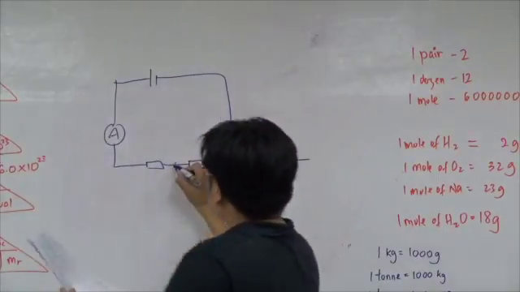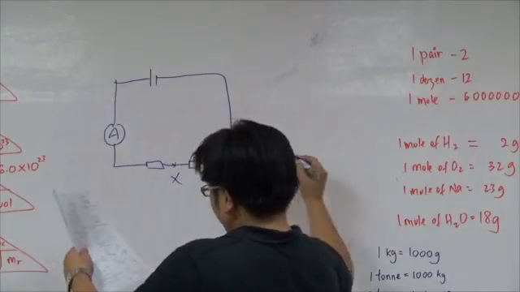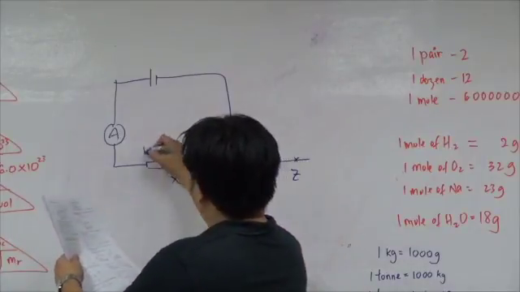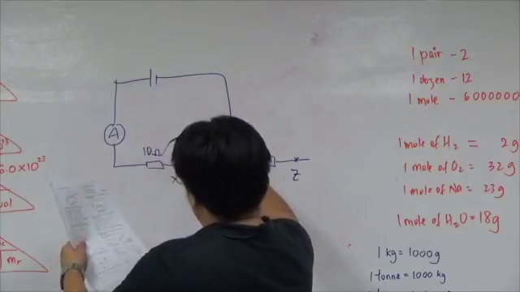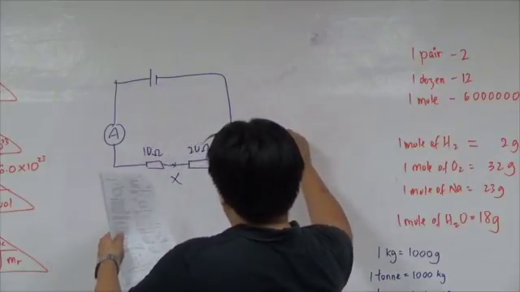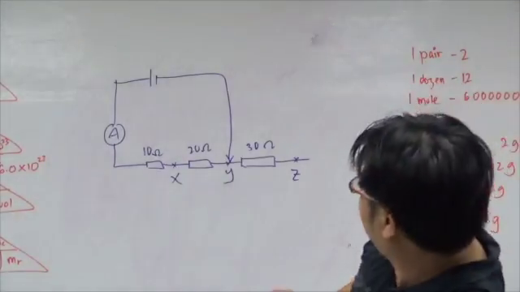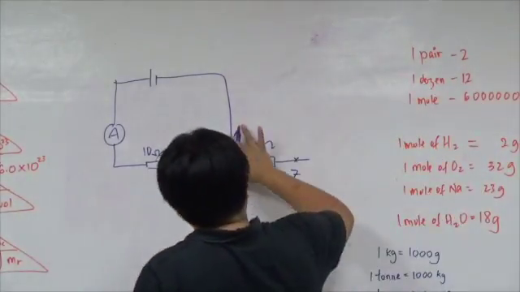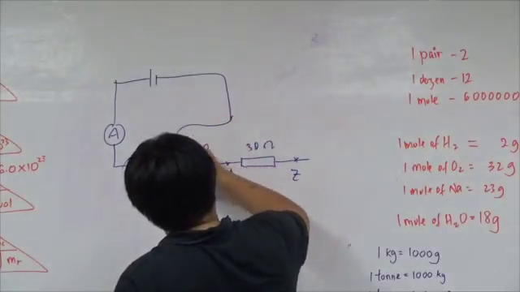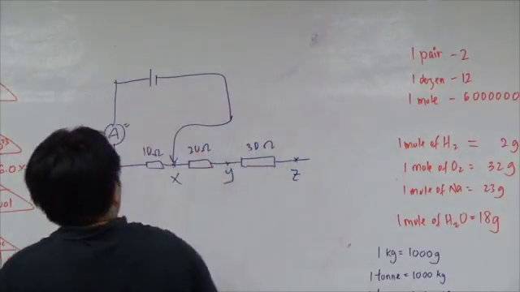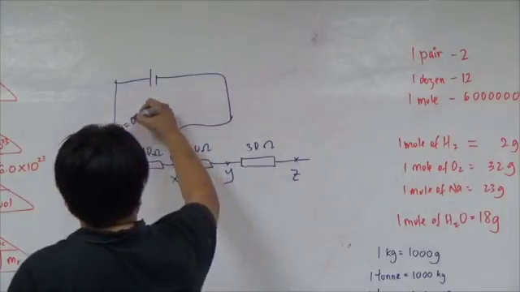So this one is X, this one is Y, this one is Z, this is 10, this is 20, this is 30. Okay? So they say that when they're connected to X, what's the reading of the ammeter? 0.6.